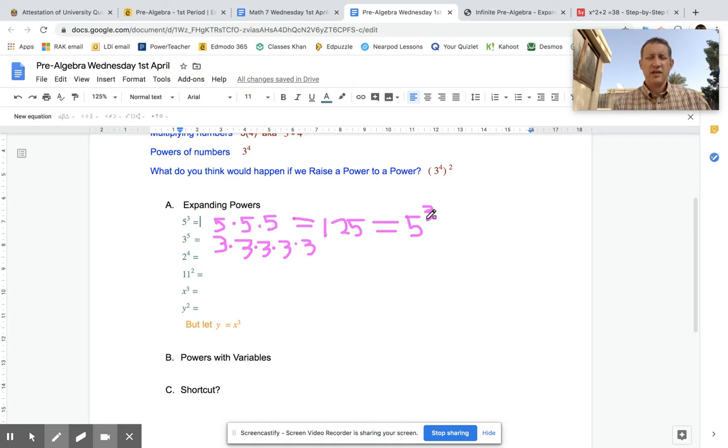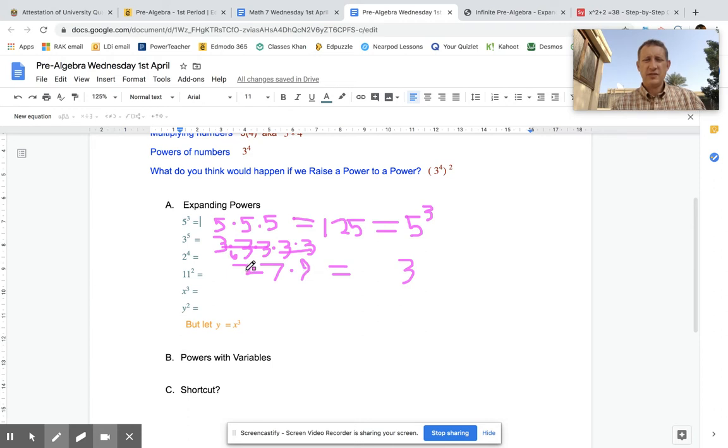Well, what is 3 to the 5th? Well, that's 3 times 3, which is 9, times 3 again, which is 27. And I know that 3 times 3 here is going to be 9. And 27 times 9: 9 times 7 is 63, and the 6 goes up there.